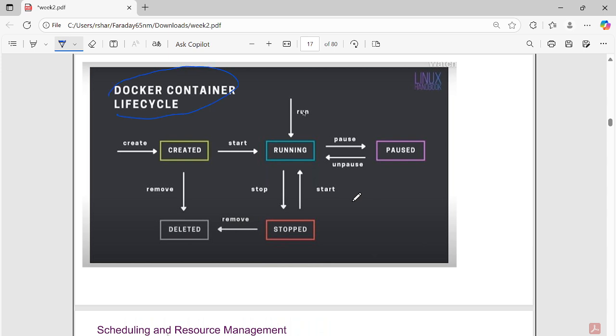The Docker container lifecycle: we create a Docker container, where we can run it, pause it, stop it, or delete it. At the various stages, we can do all these operations on those Docker containers. So this is the brief idea: once a Docker container is created, we can run, pause, stop, or delete that Docker container.